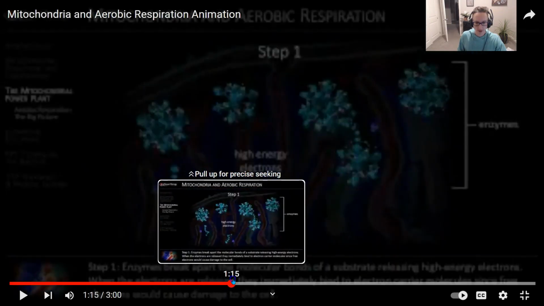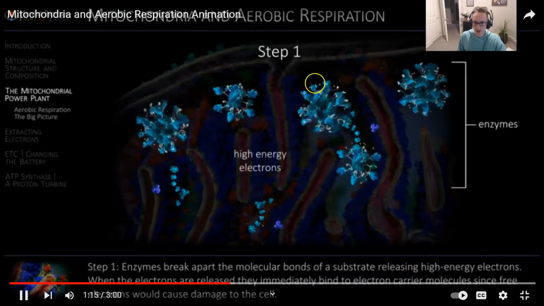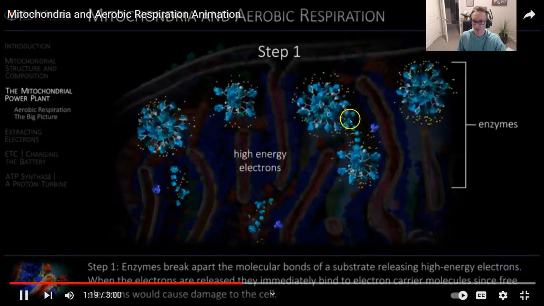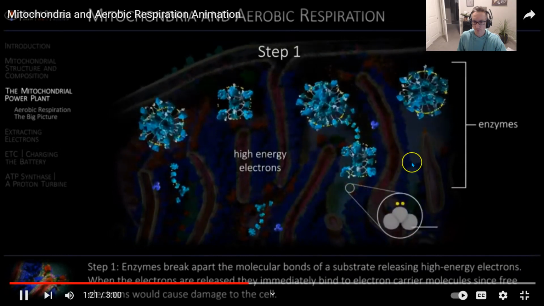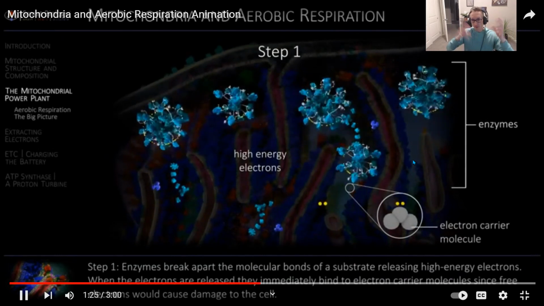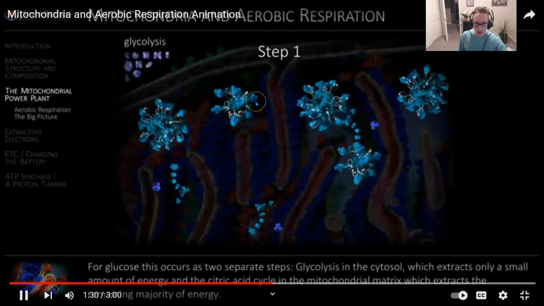These are the little enzyme complexes releasing high energy electrons. When the electrons are released, they immediately bind to electron carrier molecules, since free electrons would cause damage to the cell.